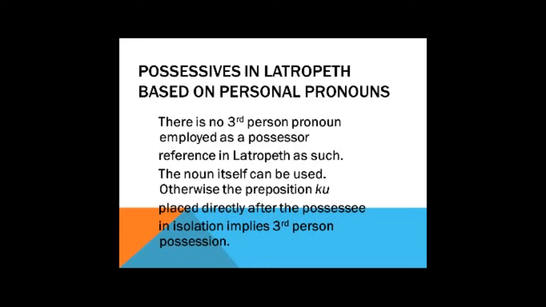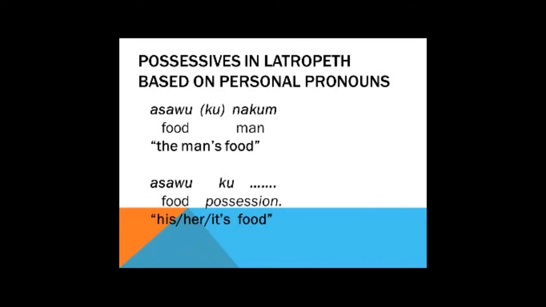There is no third person pronoun employed as a possessor reference in Latropeth as such. The noun itself can be used, otherwise the preposition ku placed directly after the possessee in isolation implies third person possession. So what that essentially means is there's no words equivalent to his or her or its in Latropeth.